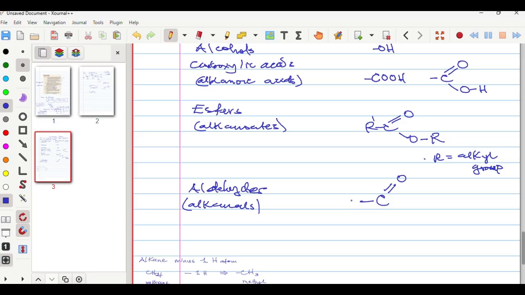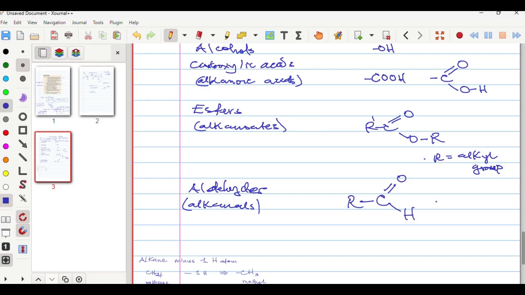We have R. R is an alkyl group. It can be CH3, remember? It can be C2H5. And then here, instead of having oxygen to H, like carboxylic acid, or oxygen to another R, like ester, we will not have any of the two. We will have hydrogen there.